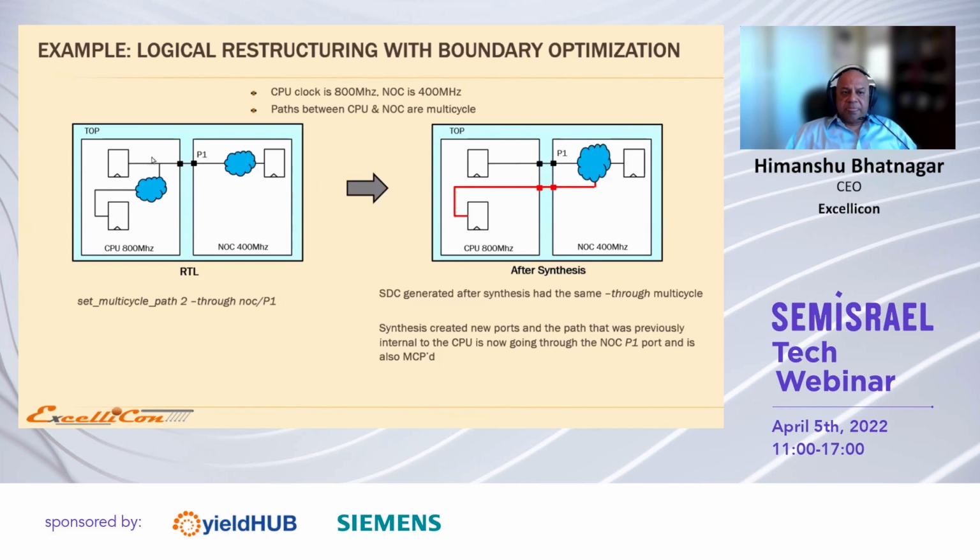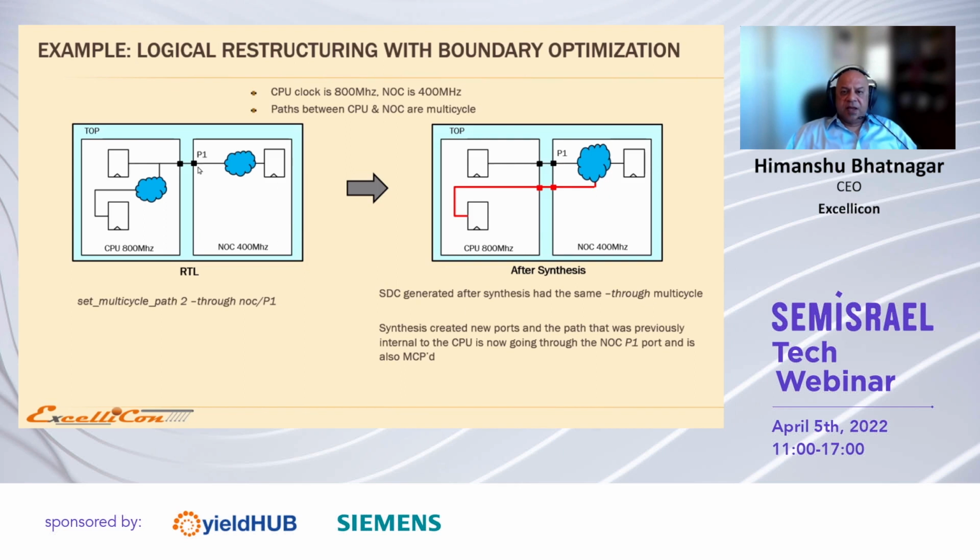For example, and this actually happened with a customer of ours: there was a CPU running at 800 megahertz and the NOC running at 400 megahertz, and the NOC registers had a multi-cycle path of 2 against the CPU registers. So they put a multi-cycle path of 2 through this port P1.